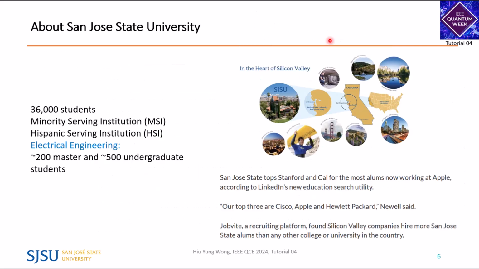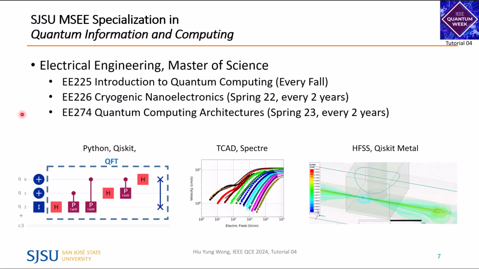I came from San Jose State U. It's a university in the Silicon Valley. It is a minority survey institute with a lot of students. In our master degree, we have a concentration on quantum information and computing. And you see that we only have 3 classes. One is the algorithm, one is related to low temperature electronics, another is related to quantum computing architecture.